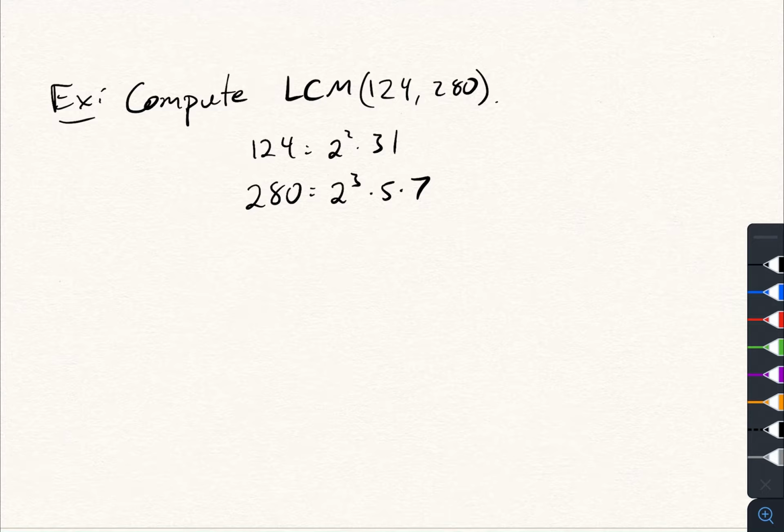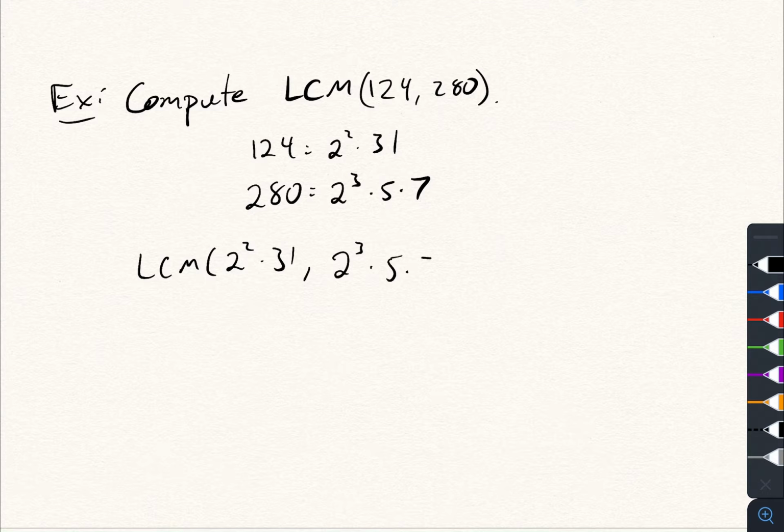If I start introducing more factors into all of this, we're just going to do that for each of the factors. So the least common multiple of 2 squared and 2 cubed is 2 cubed. There's no factors of 5 here, but we need to have 5 in our number, right?